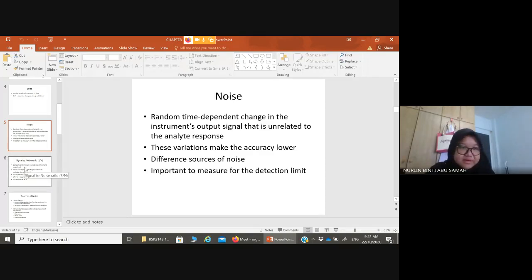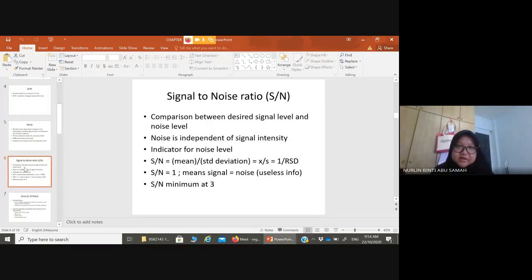We have different kinds of sources, so we will look at this later. That's why it is important for you to detect the limit. The detection limit here is the same as limit of detection, LOD.